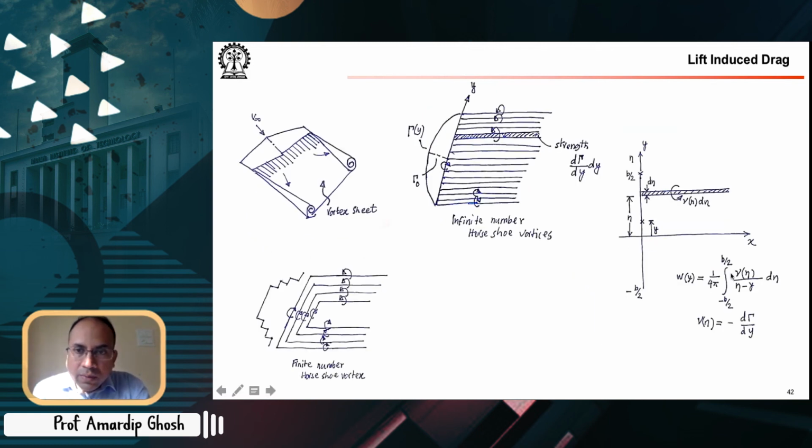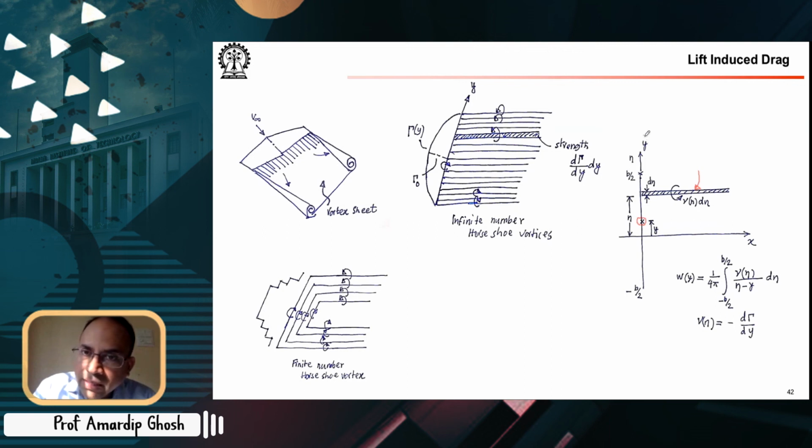Okay, now to find the velocity field induced, what we do is suppose, at this point, we want to find what is the velocity field induced by this vortex tube. So the vortex tube is at a location eta, thickness or diameter is d eta, and we want to see what is the downwash induced at this location y.